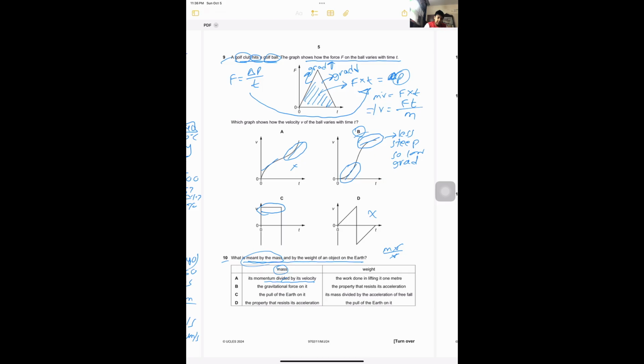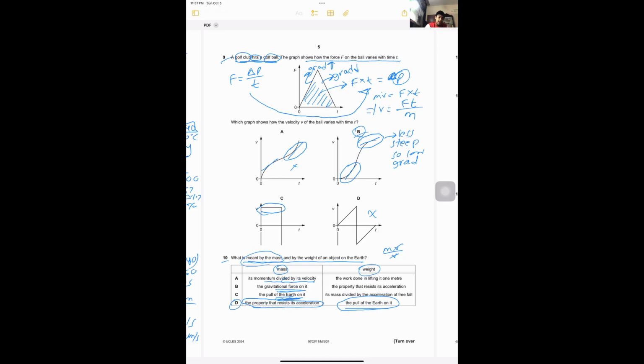Even if equations provide you with descriptions of the mass, it is not certain that will be correct, because mass has a specific definition, and for that reason I would say this is the most accurate description. And we have a definition of weight, which is the pull of the earth on it. Weight is when earth pulls an object towards its center, and that pulling force is known as weight. Answer should hence be D.